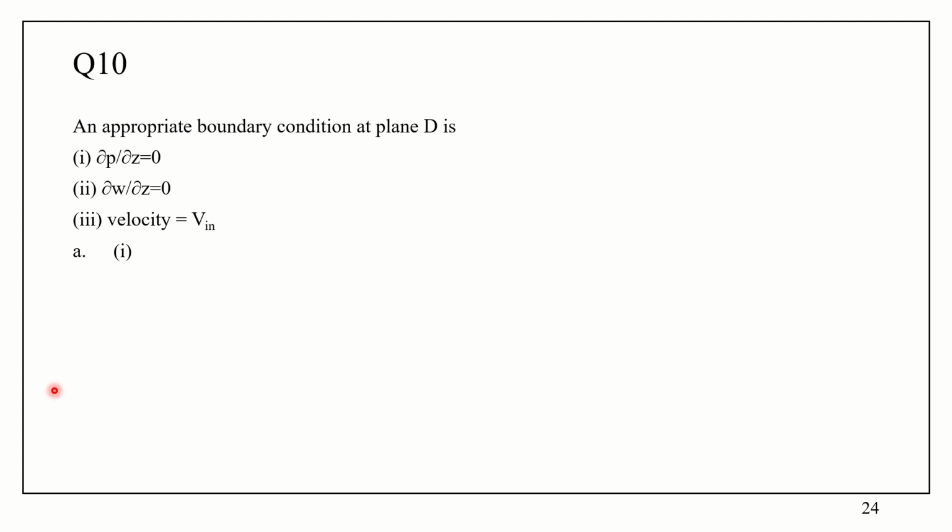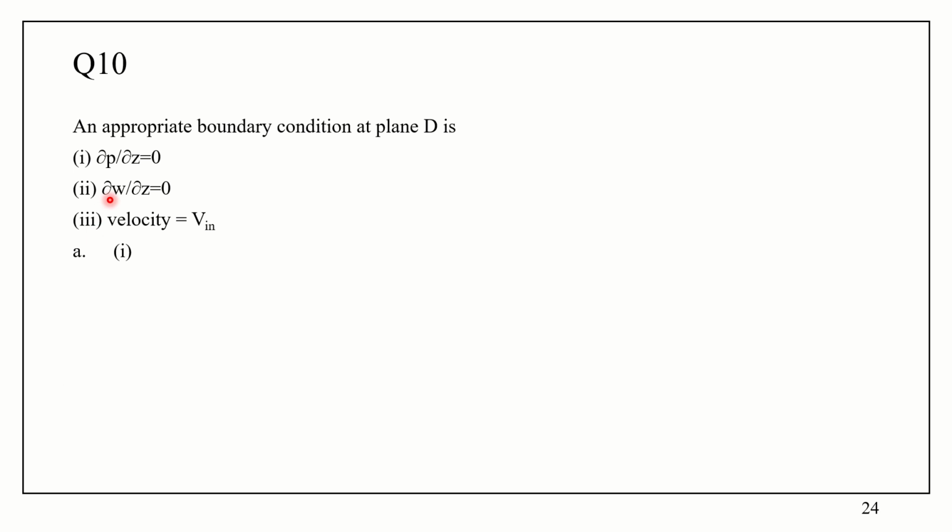Pressure is not constant, but the pressure gradient is constant across plane D, because it is a fully developed flow. Near the outlet the condition will be fully developed flow. So that is the case.